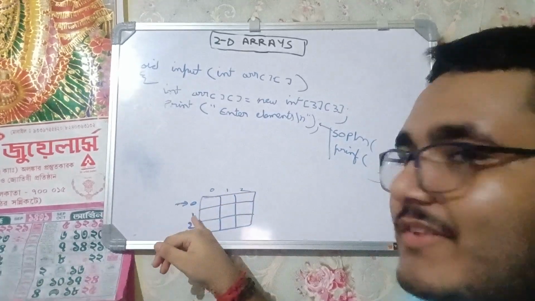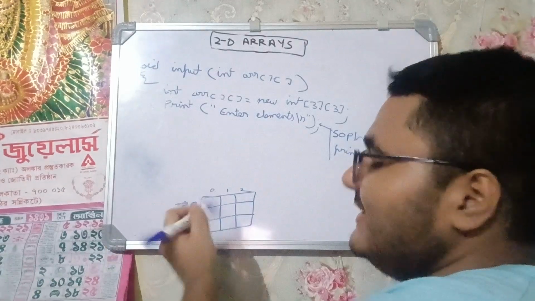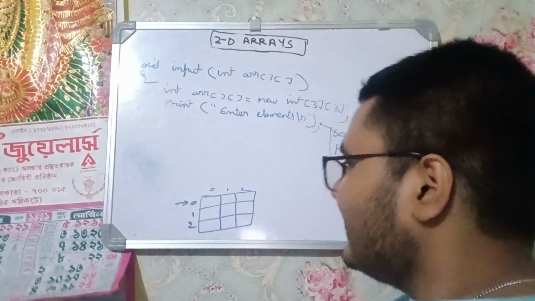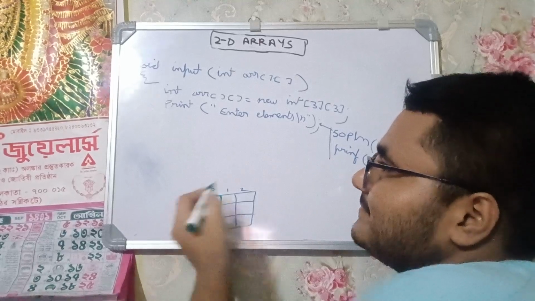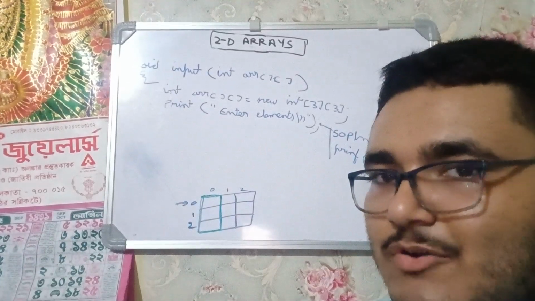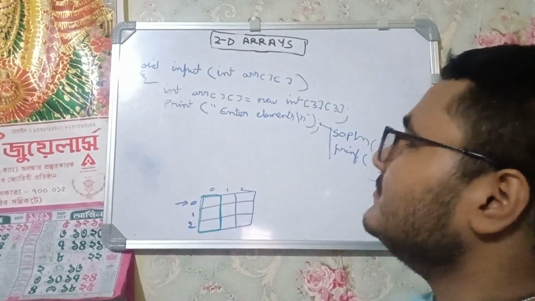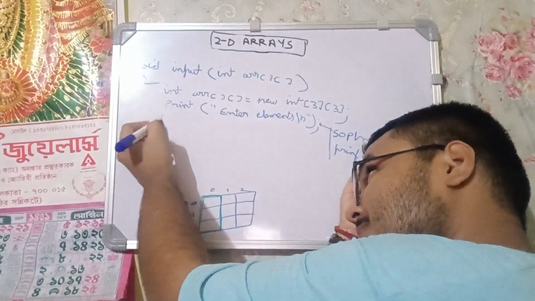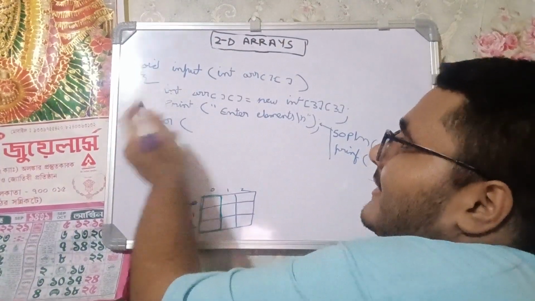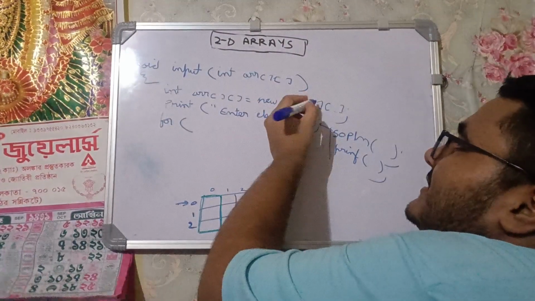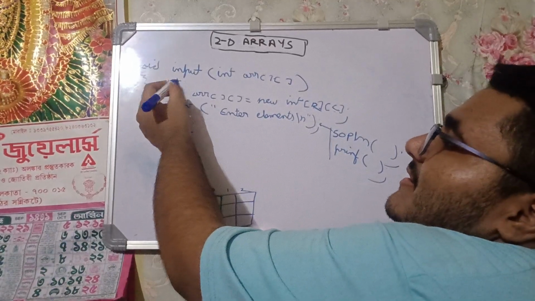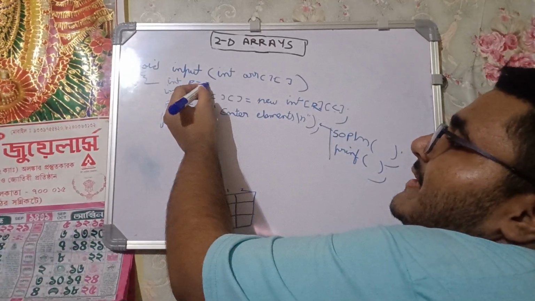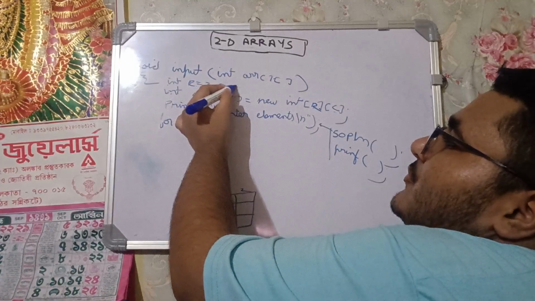Same for the other index. So for traveling this vertical array, I need one loop. So I am taking one loop. Say int R is equal to 3, C is equal to 3.